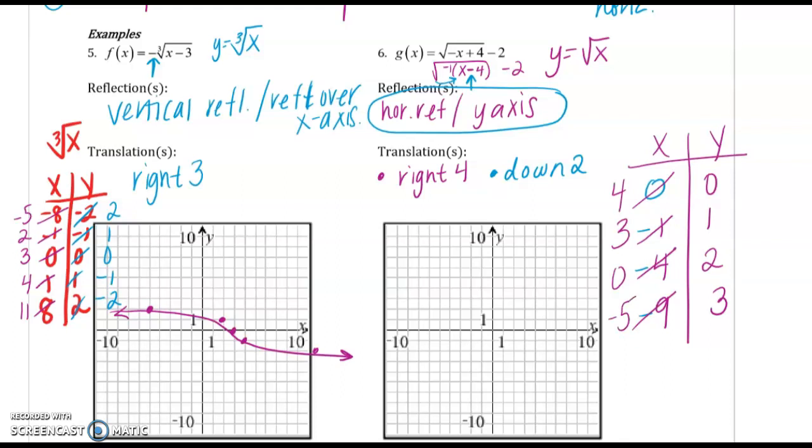And then I go down 2, which means I'm going to subtract 2 from all of these. I'm going to plot those points. 4, negative 2. 3, negative 1. 0, 0. And negative 5, 1. And you can see it makes that little wilted flower, but you can see it's been reflected horizontally. We've moved right 4 and down 2.